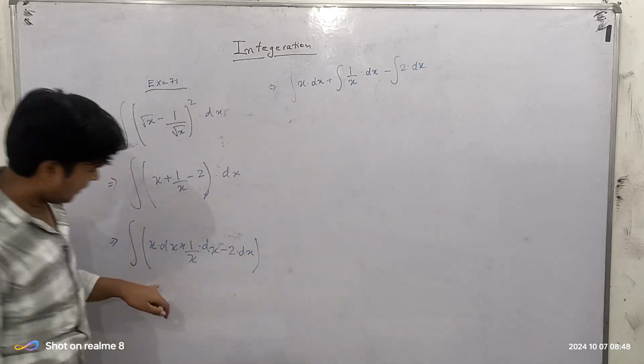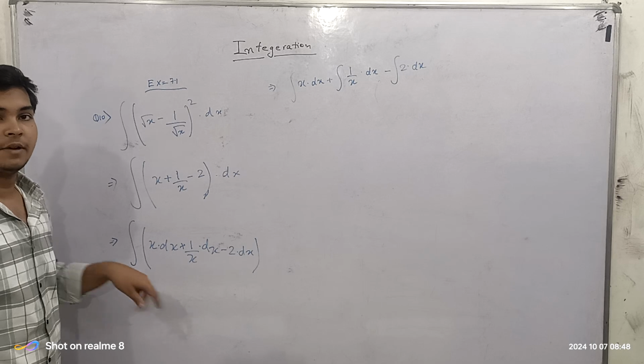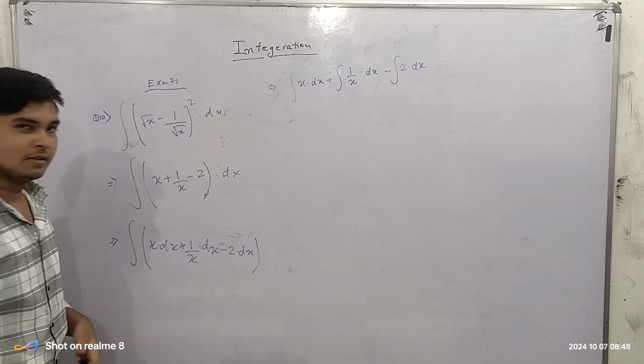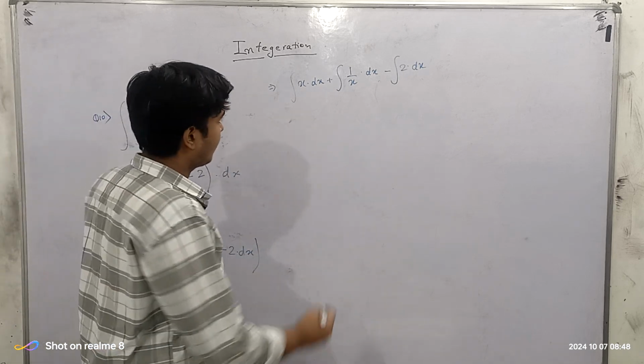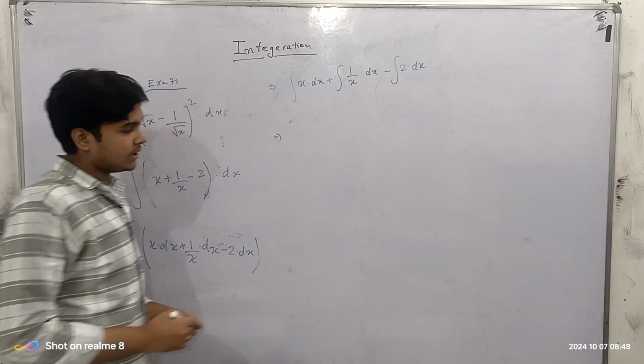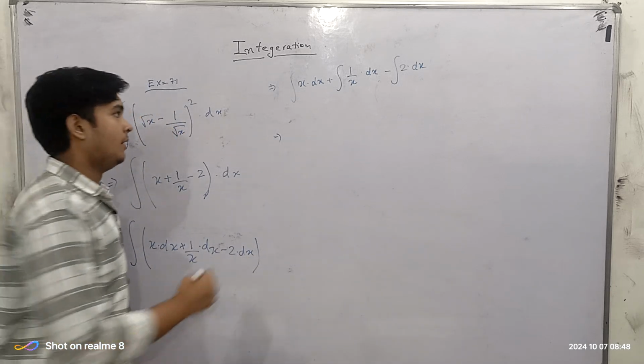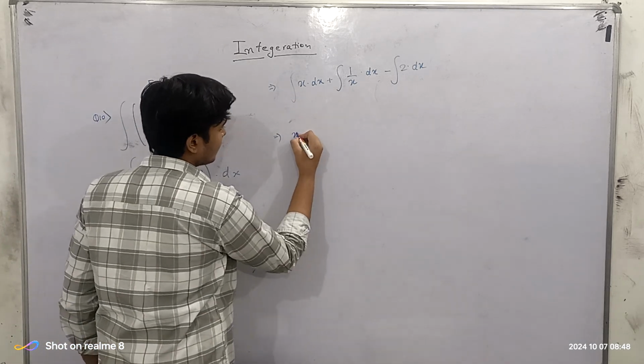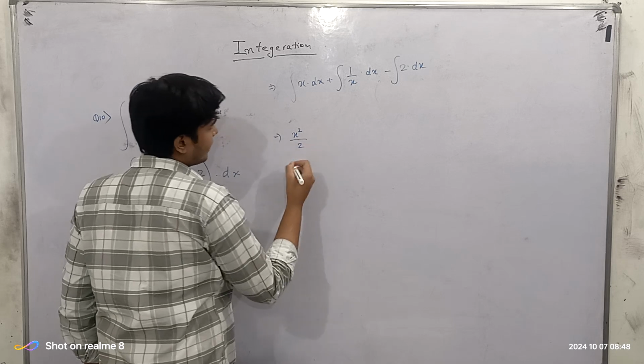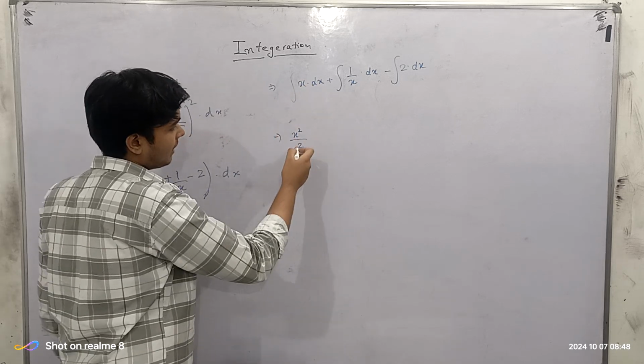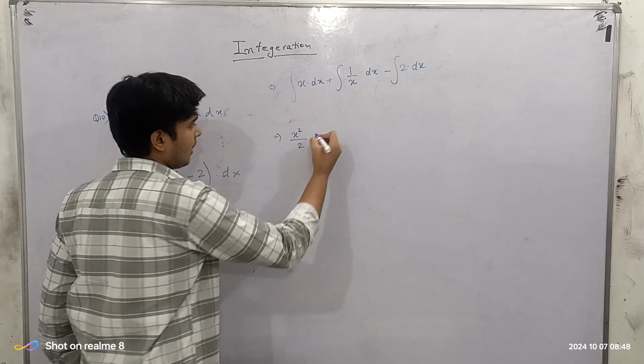In the question, if plus or minus signs are given between terms, all 3 will get integrated, so the sign will also get separated, to make it easier for the student to understand. Integration of x into dx is x to the power 2 by 2, from the general formula.